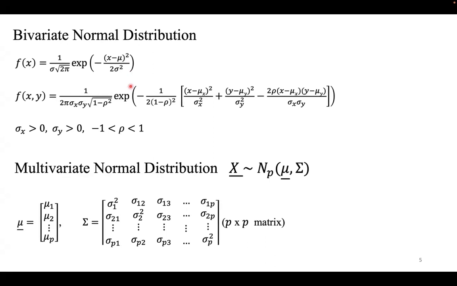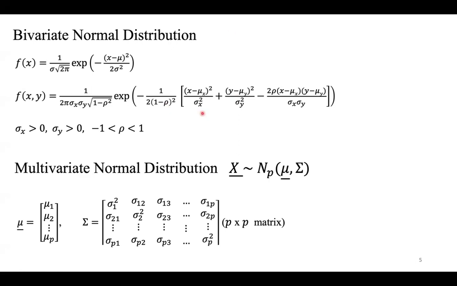Now, taking cue from that, we extend this, and there could also be two random variables. The distribution of two random variables, x and y, if they follow this format, stems from the original univariate normal distribution, because you can see it's very similar. It's a lot more complicated, but it's still along similar lines.